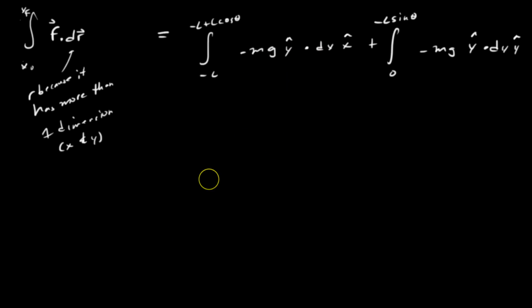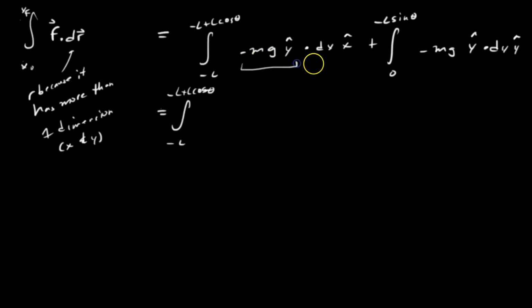As I said before in the beginning of the lesson, the dot product, the analytical interpretation, we are going to multiply the components. So let's see what we get. Aha, we have a y component on the left, dot an x component. So let's just rewrite that real quick. It's from negative L plus L cosine theta. Let's rewrite all the components.